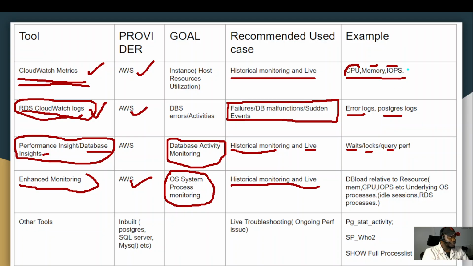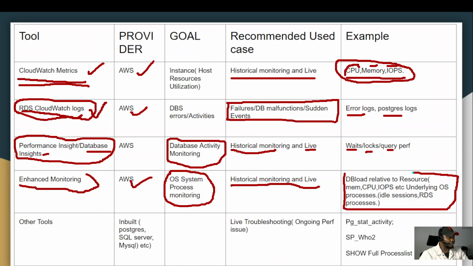Because in general CloudWatch metrics, you have just a global total CPU utilization, total memory, free memory, total IOPS. But with enhanced monitoring, these are broken down into various sections.